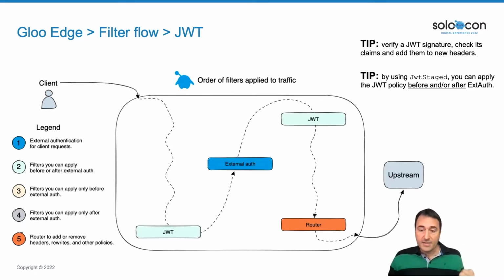There are filters that can be applied before or after the external auth. The first one is the JWT filter that is used to validate a JWT signature or to extract a claim from the JWT and to put that claim into a new header, for example.